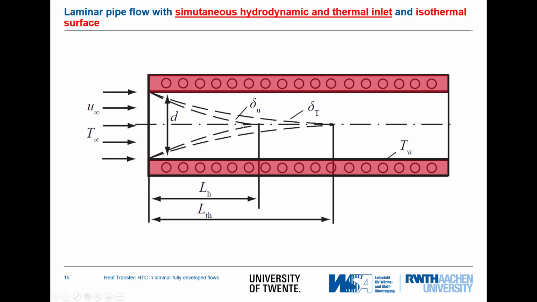Now we can have a very common case in which the heating is directly starting at the beginning of the section or of the pipe. In this case both the hydrodynamic boundary layer as well as the thermal boundary layer will develop at the same time, and because they are developing at the same time, of course the correlation will be a little bit different, describing the heat transfer in the inlet region.